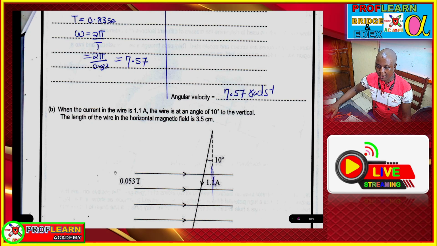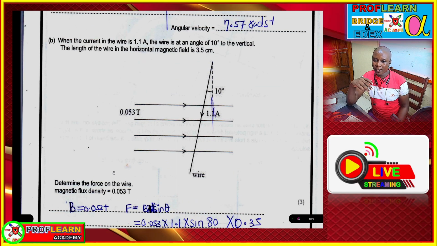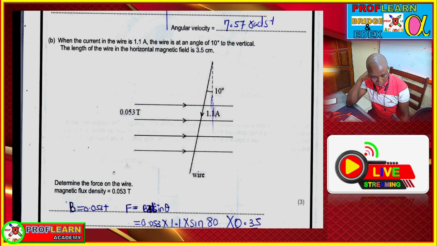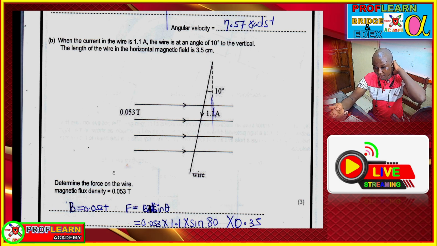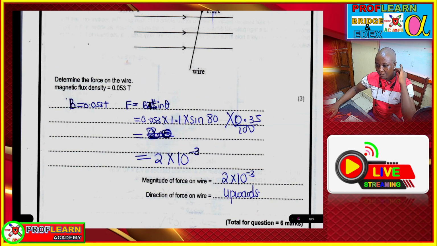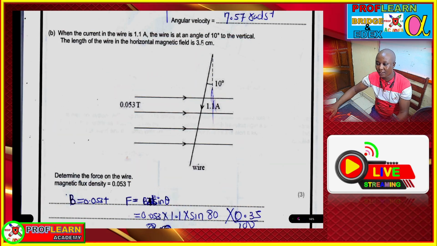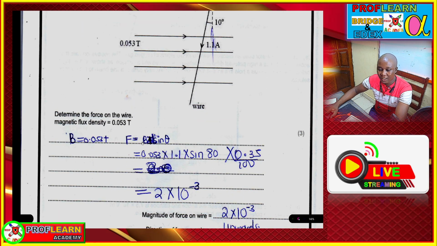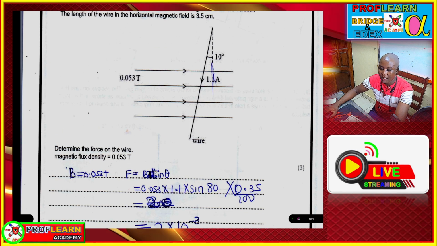The next area is the question whereby you are working out the force on a wire within a magnetic field. If a conductor is within a magnetic field and current flows through that conductor, it's going to experience a force. The formula you're going to use to calculate that is F = BIL sine theta. The force experienced by a conductor in a magnetic field is the magnetic flux density B times the current I times the length L of that conductor, times sine of theta.